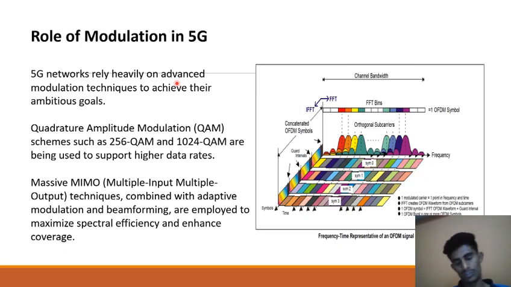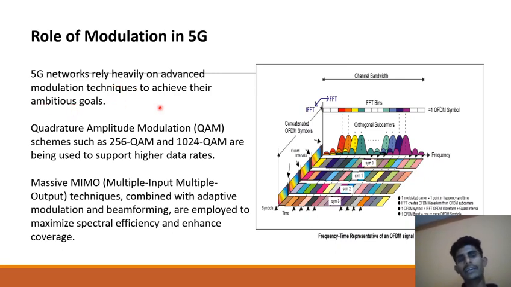Nowadays I'm also using the 5G era. In 5G the system consumes around 50 Mbps per second. 5G has more speed compared to 4G.